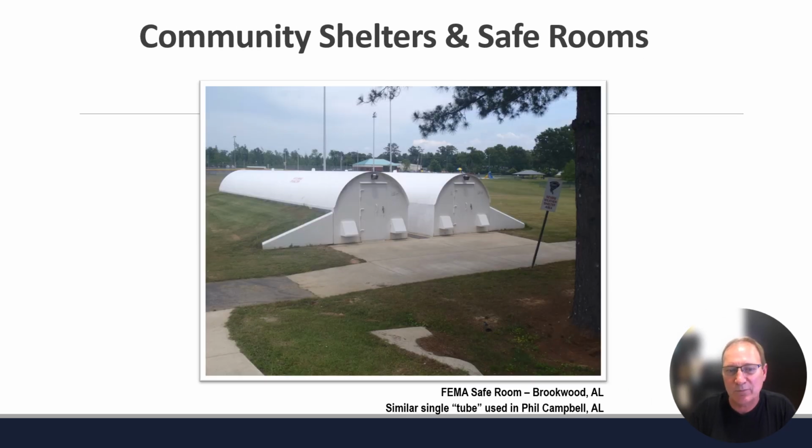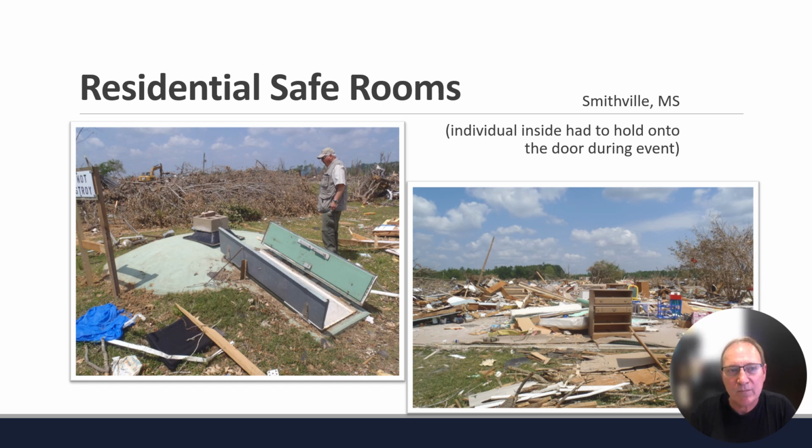Just another example of a larger one, these are called tube safe rooms, but they're built with partially ground protection as well as protection from the structure itself. These are also residential safe rooms that have been built out in someone's yard, kind of a dome type structure that's been placed into the ground.